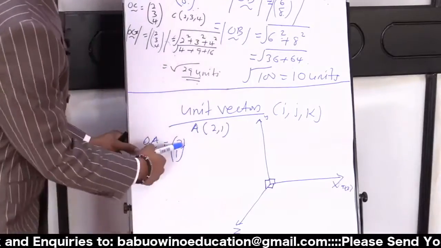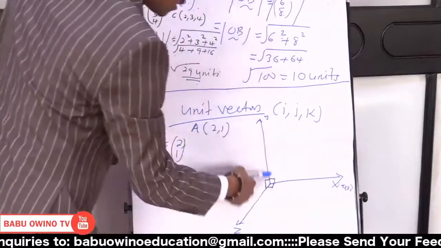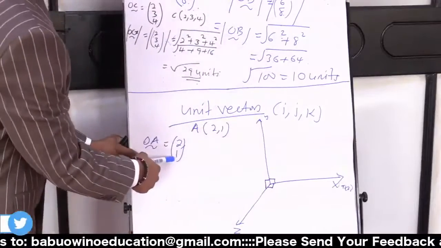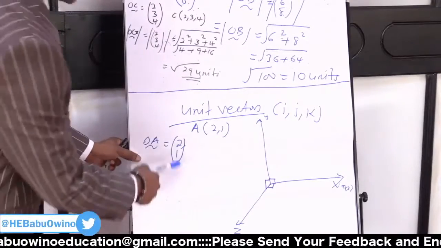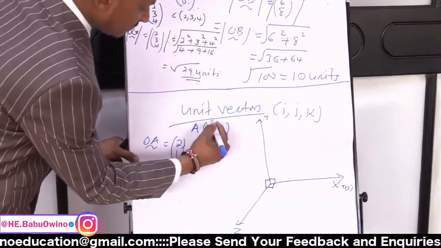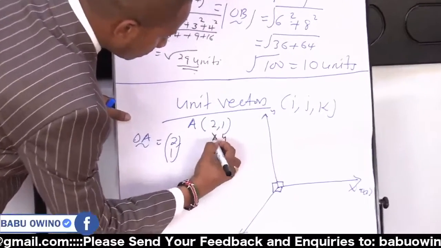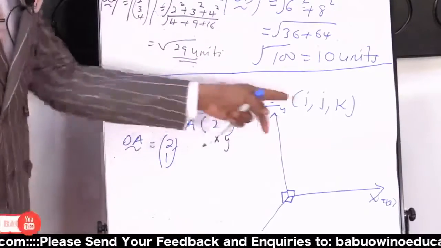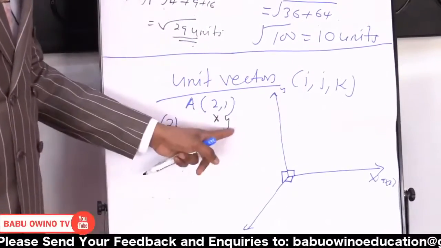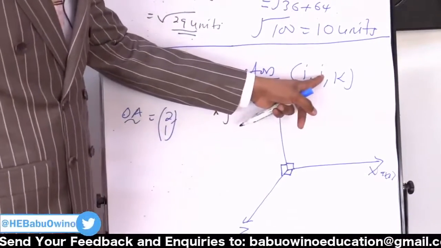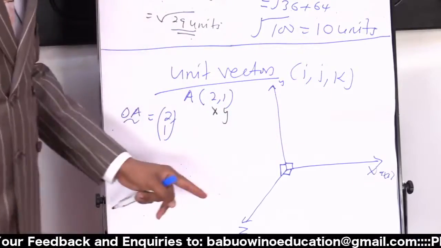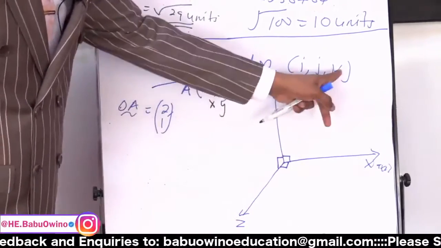So if it is 2 dimensions, it is only in the x and y axes. So write this in the form of i and j. The first value is the x value and this is the y value. The x value takes i, the y value takes j. Then if it is 3 dimensions, the z value takes k.